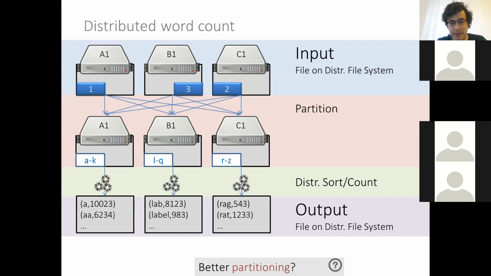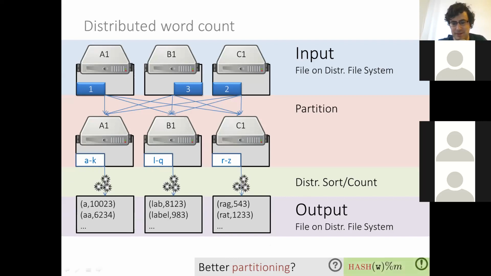Is there a better method of partitioning that we could use rather than saying all the words between A and K go here, all the words between L and Q go here? Is there maybe a neater way so we don't have to define these sorts of ranges? What we can do is randomly assign words, but then how do we know which words we assign to which machine?